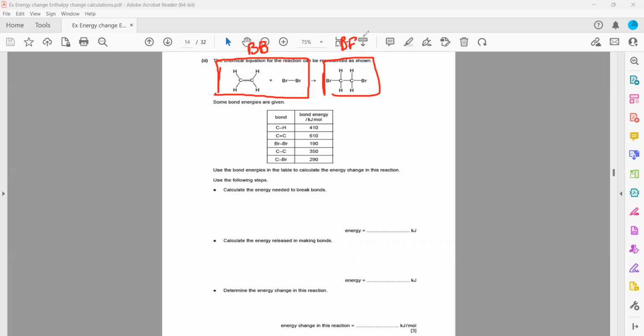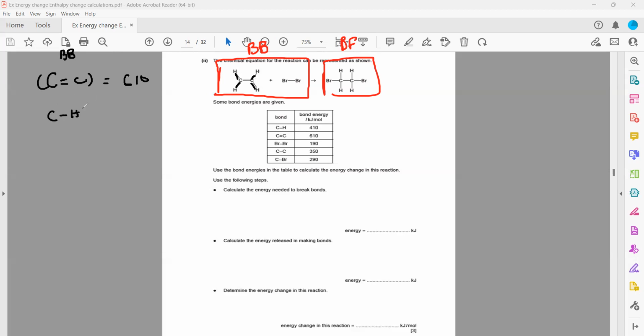So we separate the bonds which we are breaking from the reactant side. There is a carbon-carbon double bond in the bond breaking side, which is 610. Then there is carbon-hydrogen, and how many of them? 1, 2, 3, 4.